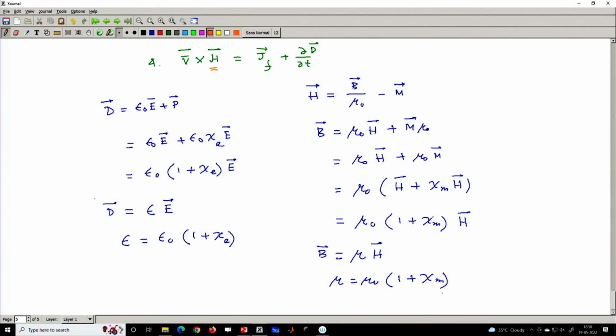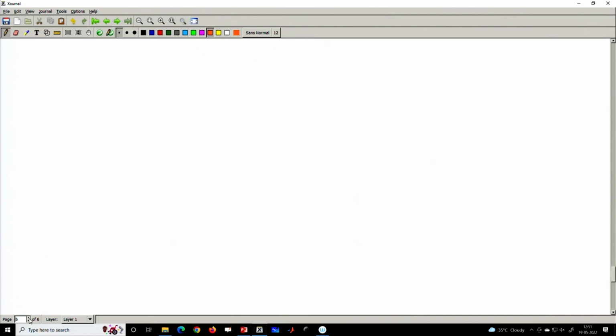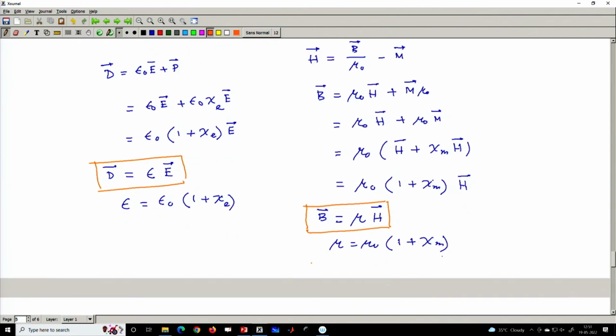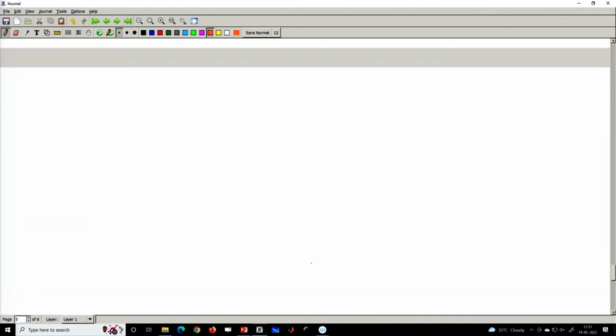So now we have an idea of how to write down the Maxwell's equation in different systems. Now we are going to discuss the electromagnetic wave.